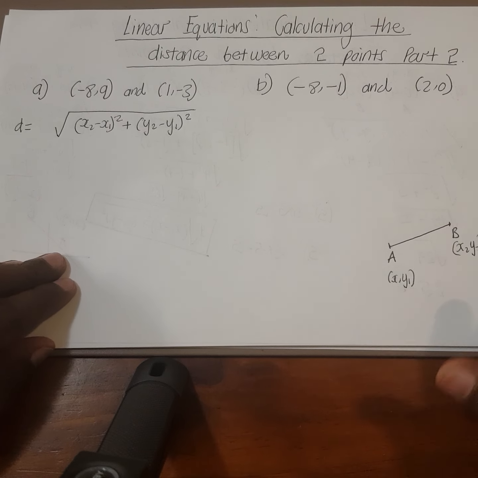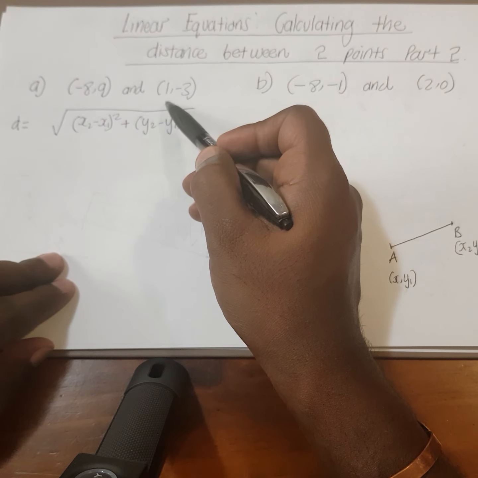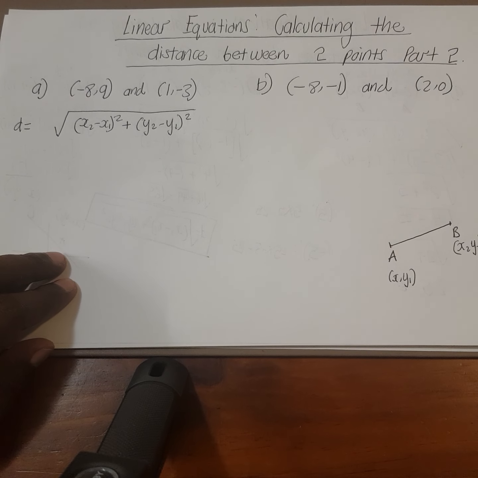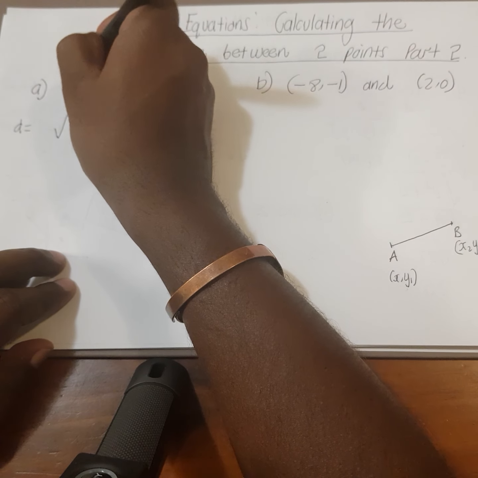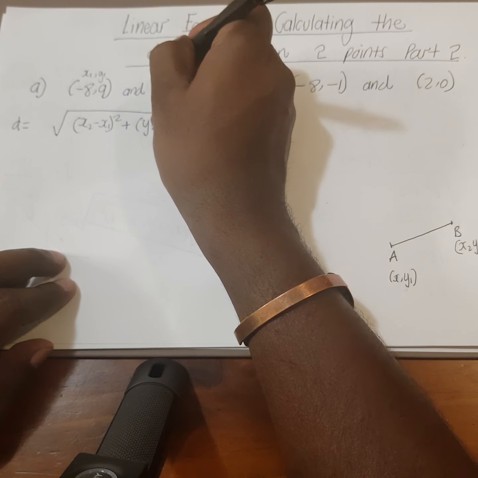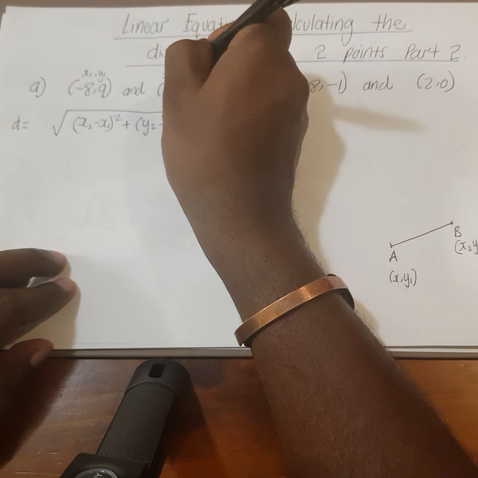All right, so we've got -8, 9 and 1, -3. I've written down the formula for you. And in the previous question, what I did was I said you can allocate what x1, x2, y1, and y2 are. So what I would do there is I would say that's x1, y1, that is x2, and y2.